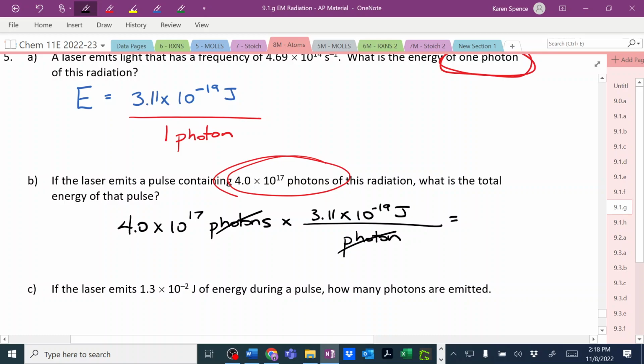And so we get, let's find out what answer we should get, 4E17 times 3.11 E -19 equals 0.1244 joules, which would become 0.12 joules.